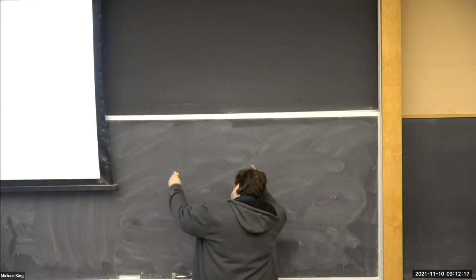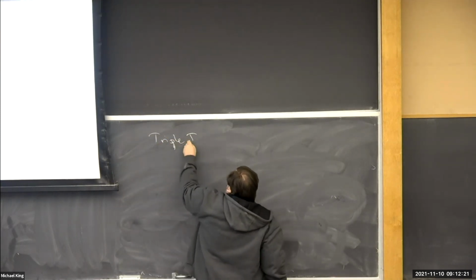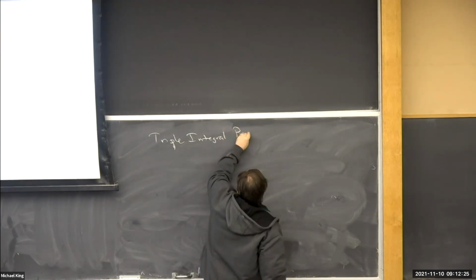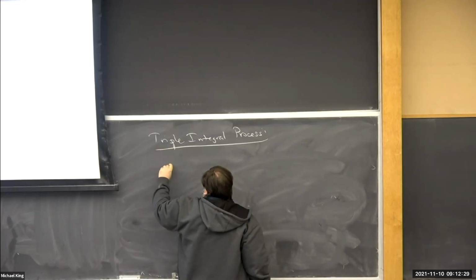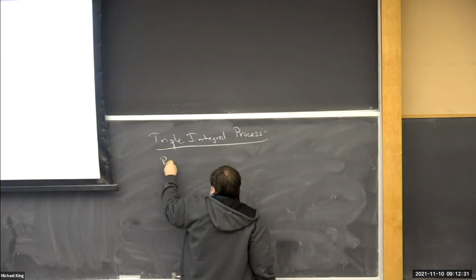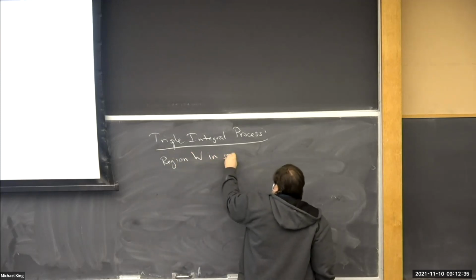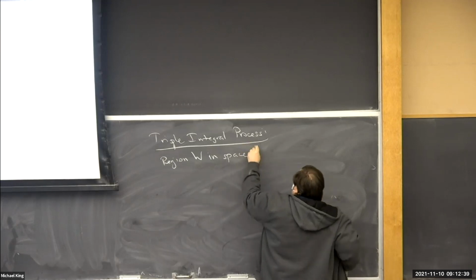So, triple integrals, the process for setting them up. So we have a region W in space determined by some surfaces, right?